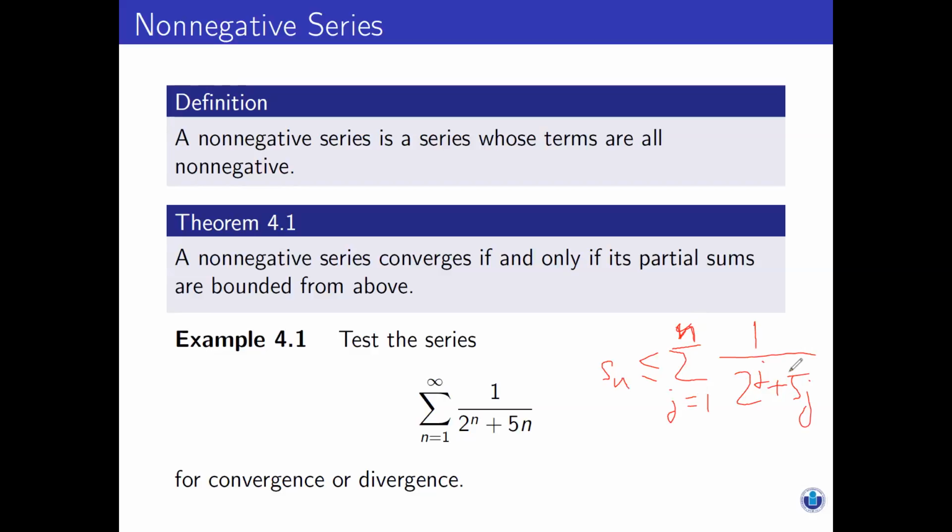And it is going to get bigger if you omit this part, because the denominator gets smaller. And this one you can compute. You know how to compute this: 1 minus 2 to the power n, divided by 1 minus half. And so in particular, it's less than 2.